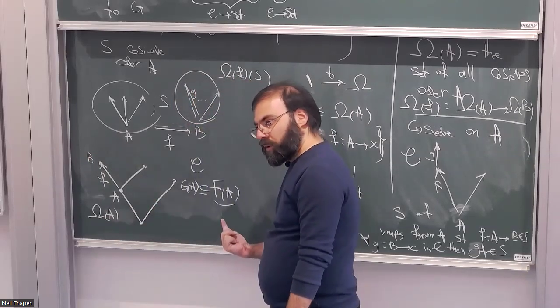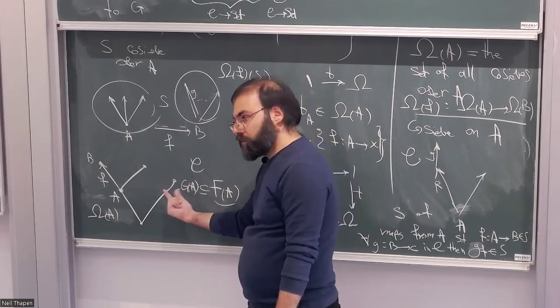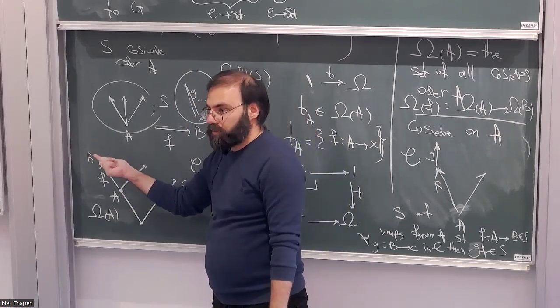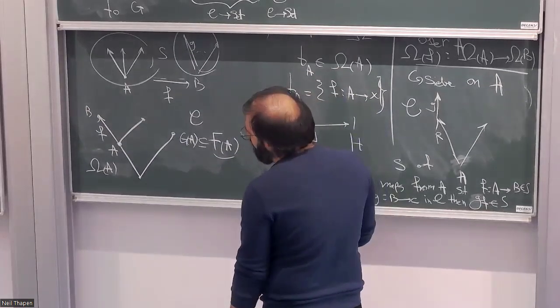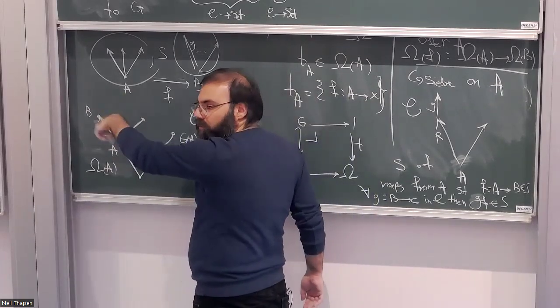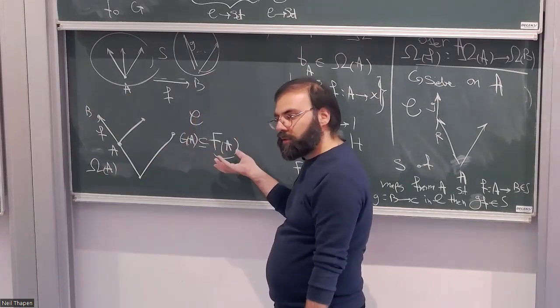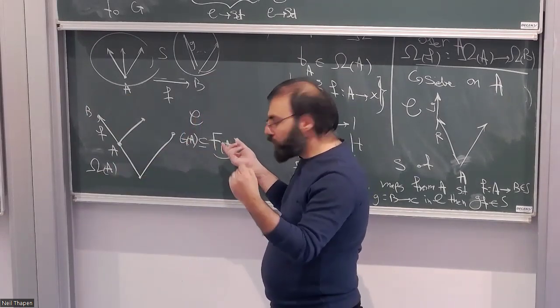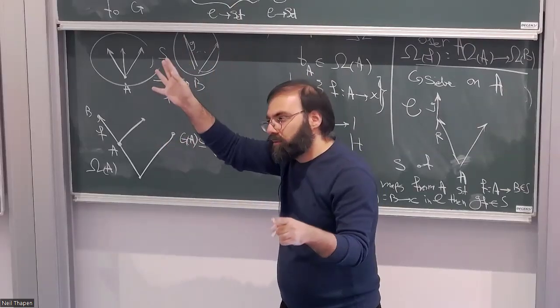For some F, you may transform your element here inside G. For some, you may not. So then what you have to have really is a set of morphisms from A. These are the morphisms that force some given element to go inside G, and it is closed upward.